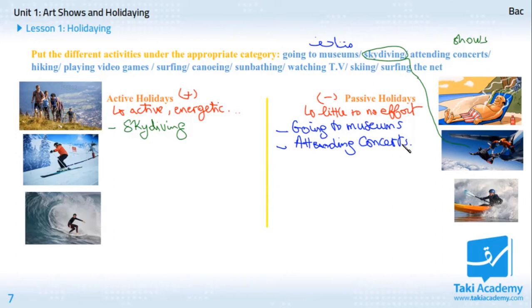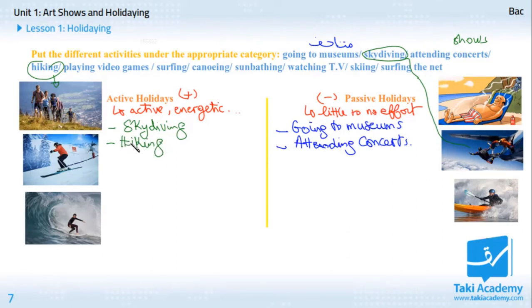Then we have hiking. This is the meaning of hiking. Here we have a group of hikers, okay? And of course, they walk, they jump, they run sometimes. So they are making effort, okay? That's why this is active. Hiking.